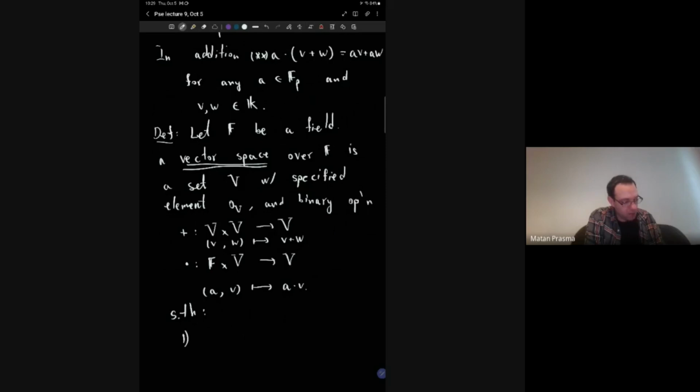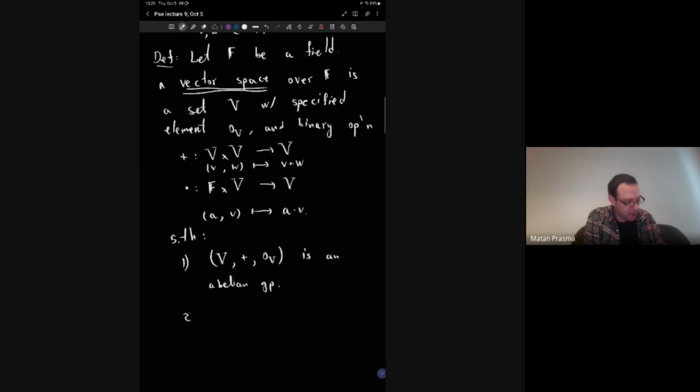So one, I want that V with this addition and the zero element, 0_V, is an abelian group. And then one condition is that I want associativity of this, which is called multiplication by a scalar, and this is called addition of vectors.